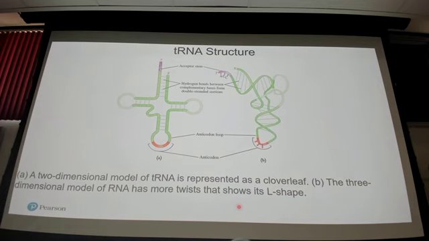Once translation is complete, do the amino acids just detach, or do they still bond together? The amino acids are attached to each other by another enzyme called aminoacyl transferase.